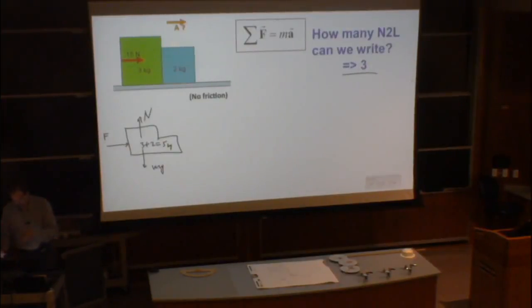So the equation for this system is the X component of Newton's second law, because Y components cancel each other out. So F and nothing else, no friction, should be mass times acceleration, or 15 should be 5 times acceleration.